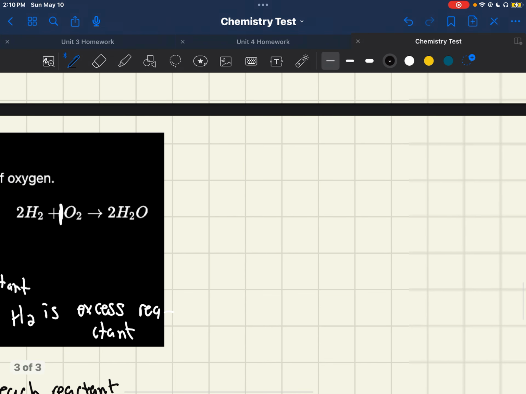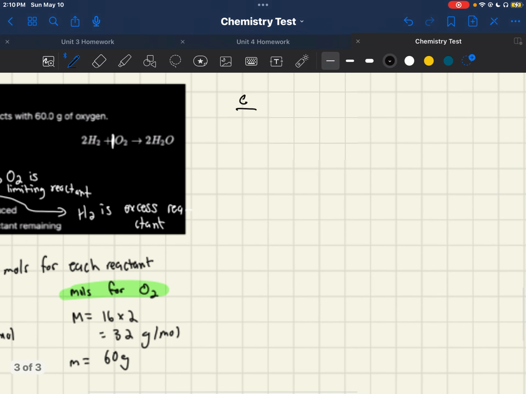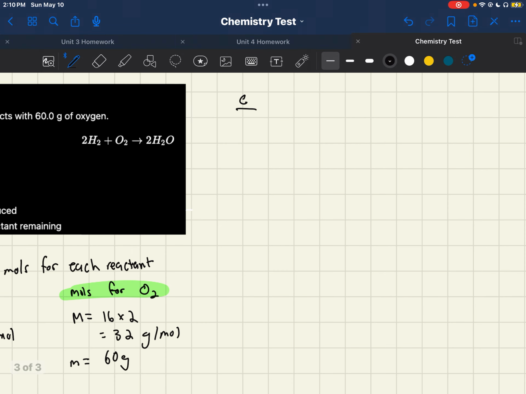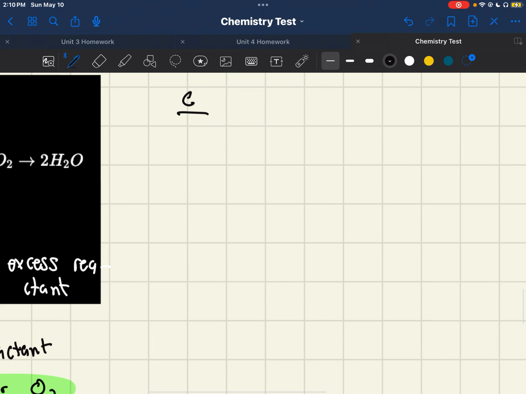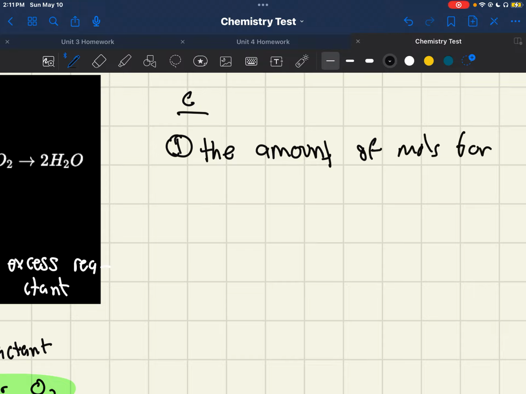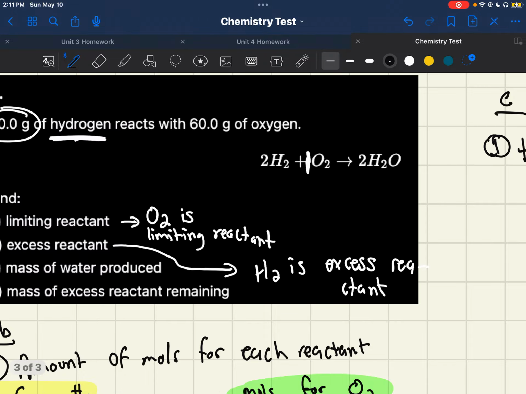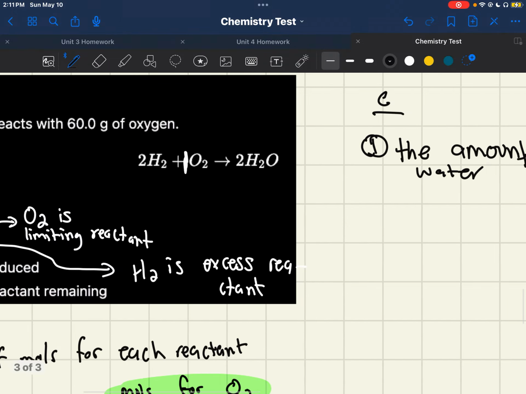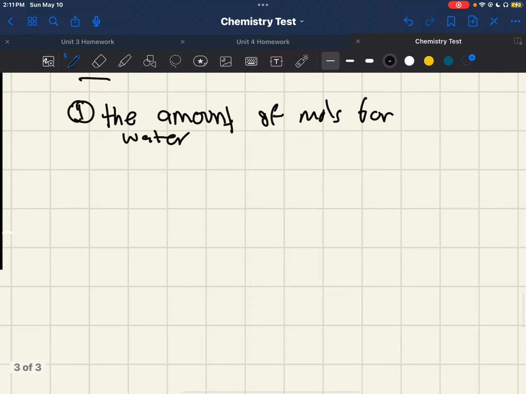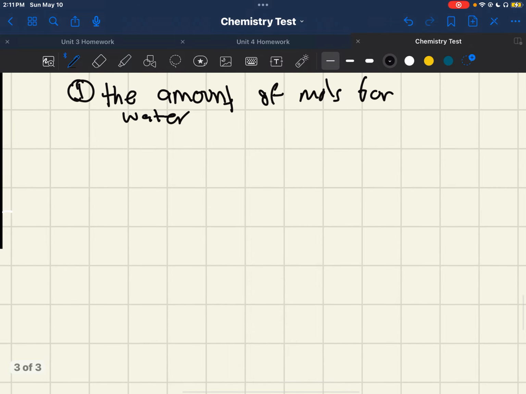Now to figure out question C, here's what we're going to do. First of all, figure out the amount of moles for water. You already know the amount of moles for the other part of the ratio, which is oxygen, so just find it out for water.